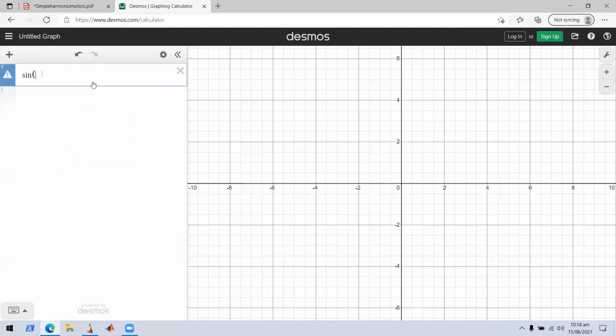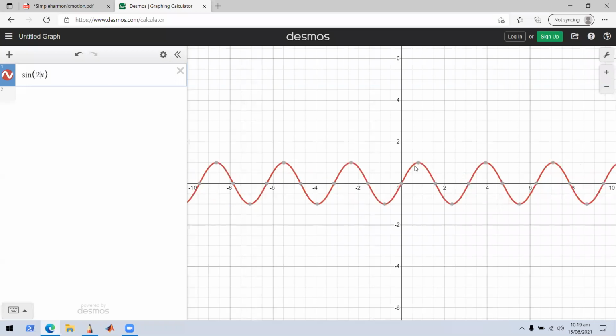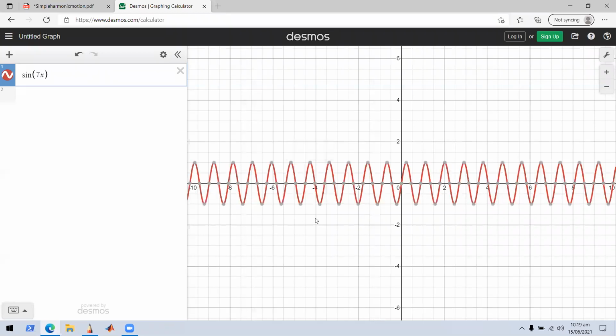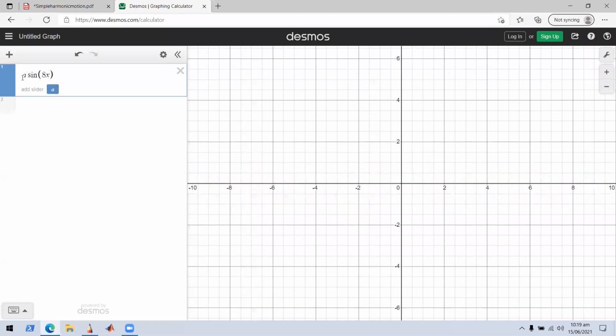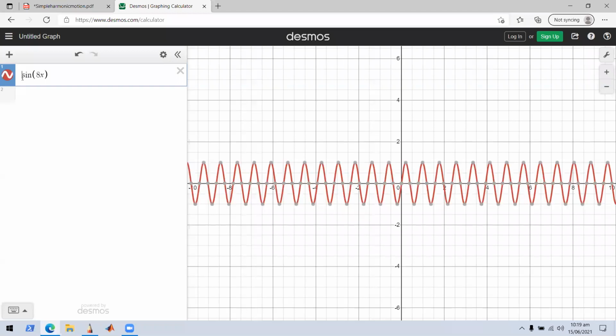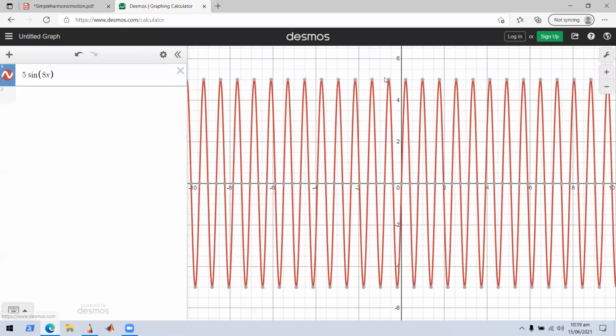Let's do sine of x. Sine of x is like this. And if you were to make some adjustments, like say 2 sine of x, what happens? The frequency changes. And 7, its frequency increases again, and 8, and so on and so forth. And if we were to put some value here, like A being an actual value, something like 5, you see the amplitude increases.